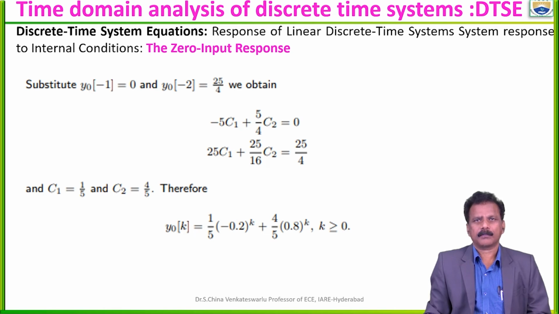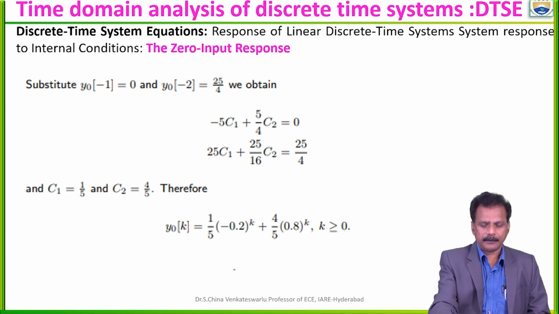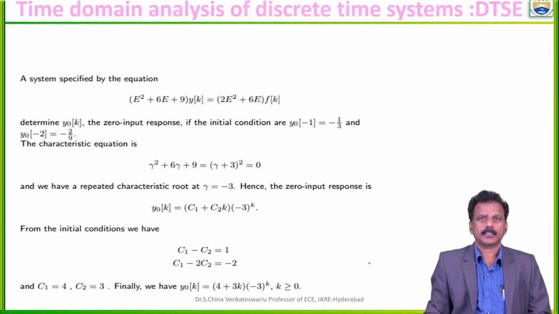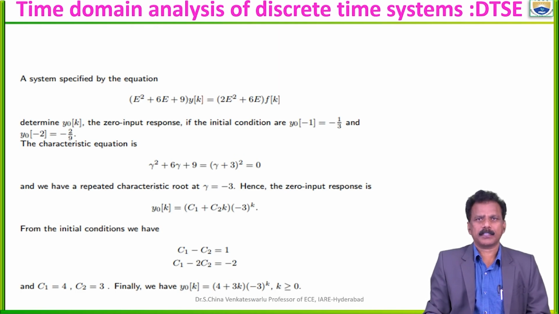Therefore y naught of k is equal to 1 by 5 times minus 0.2 to the power k plus 4 by 5 times 0.8 to the power k, for k greater than or equal to 0. Like this, for the system specified by the equation, we determine y naught of k.